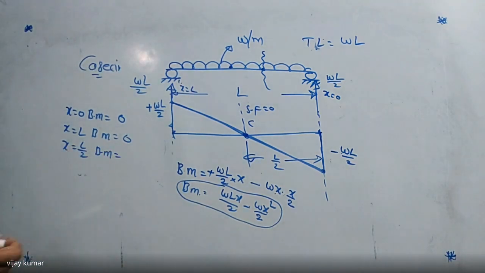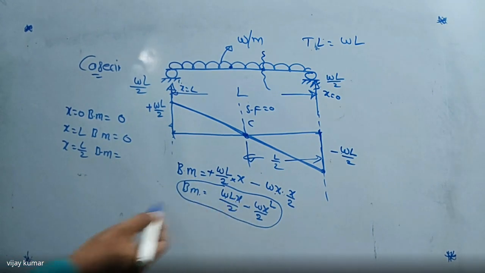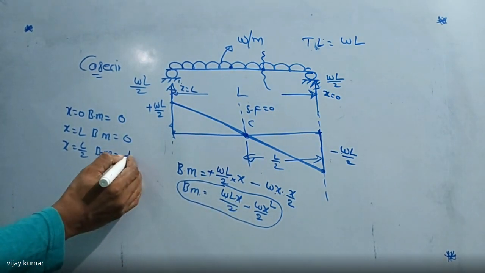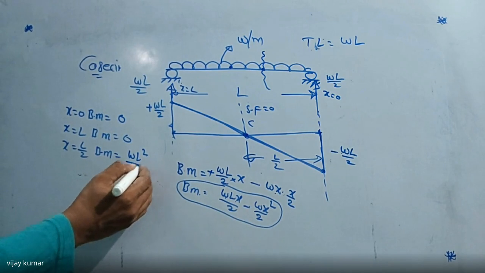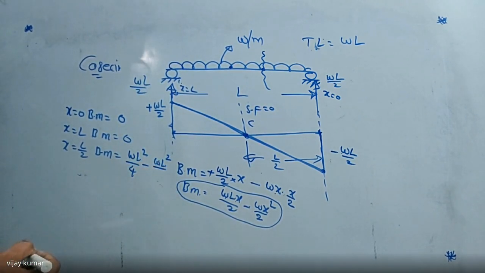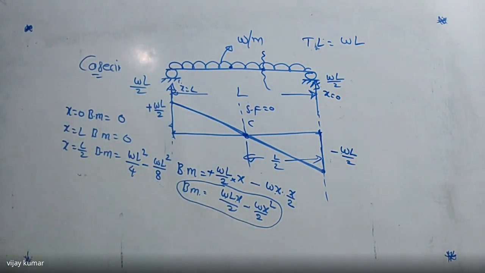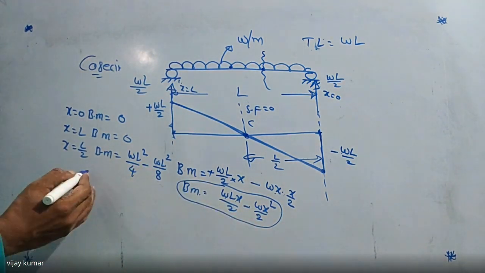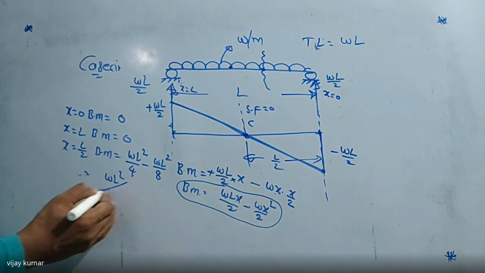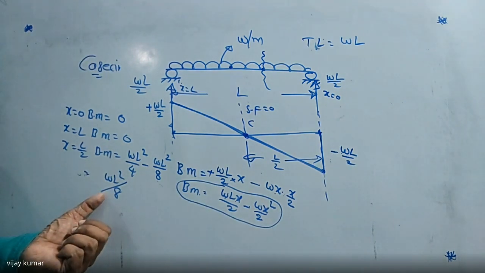We are writing WL square by 4 minus WL square by 8 here. So what is the value again? That is WL square by 8. Did you get my point or not? So this is the value of maximum bending moment, where the shear force is 0.